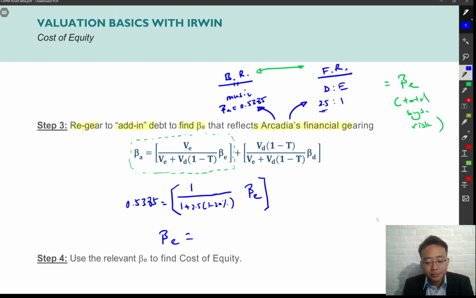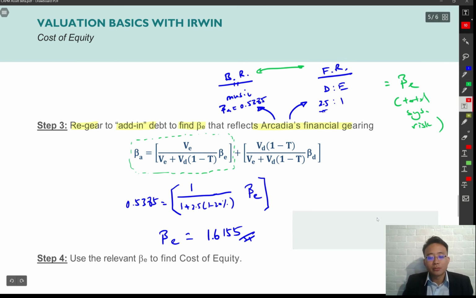Alright. So, with a little bit of mathematics, you would find your beta equity is 1.6155. Now this is another milestone worth typing out. This covers the business risk of the music industry and the financial risk of Arcadia.